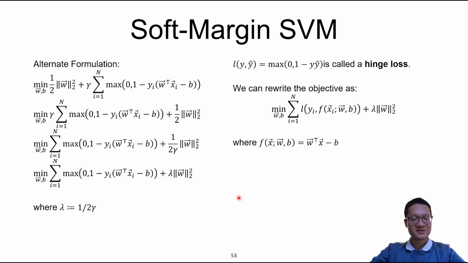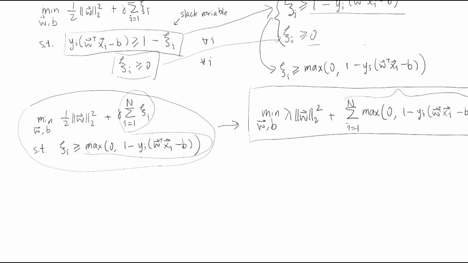So let's continue our discussion about soft margin SVM and let's look at this loss function a bit more closely because it kind of resembles what we have seen before. So let's continue on the written notes. The last step that we did last time was basically to rename the 1/2 gamma as lambda.